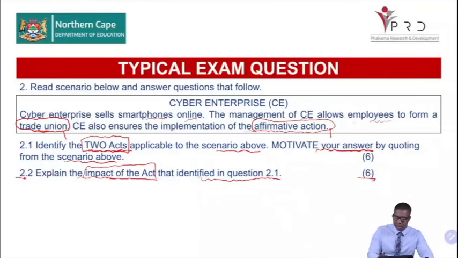When we say the management of CE allows employees to form a trade union, then which act is applicable there? We are talking about what? Labor Relations, LRA. Why are we saying Labor Relations Act?